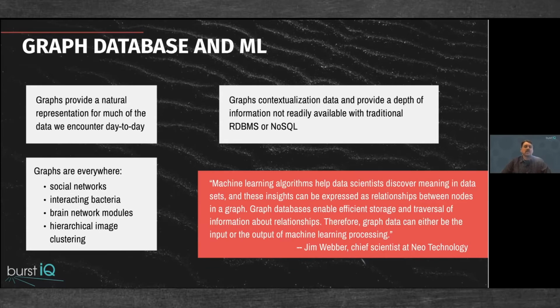I already talked about this a little bit, but let me dive into it a little more. As I alluded to, graphs are a natural representation of things we see every day. I already talked about social graphs, where they exist in LinkedIn and Facebook, and how our brain networks are wired, and hierarchical image clustering. A project I worked on at a previous company, doing Department of Defense work, was image recognition, doing clustering around feature sets on an image in order to identify moving parts from one image to the next.